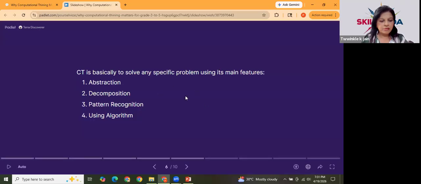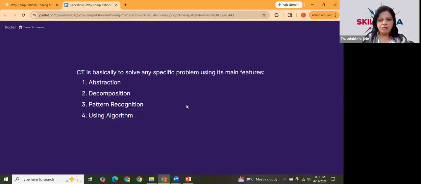Ma'am, whatever link you have shared, you have to open it first. When you open, you are getting the plus symbol post. Click on that.